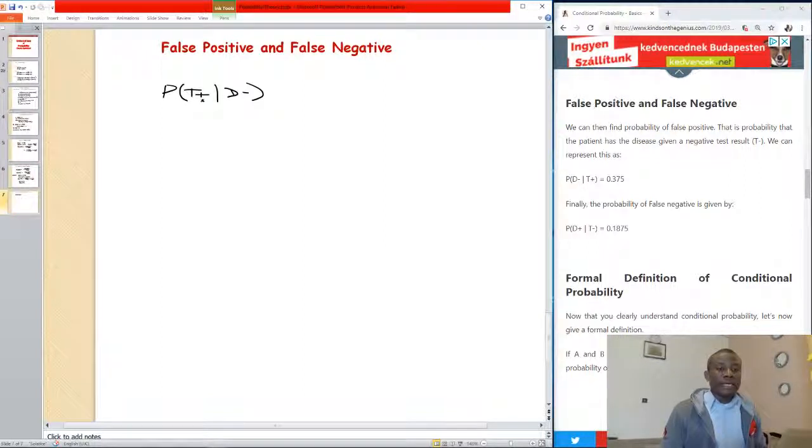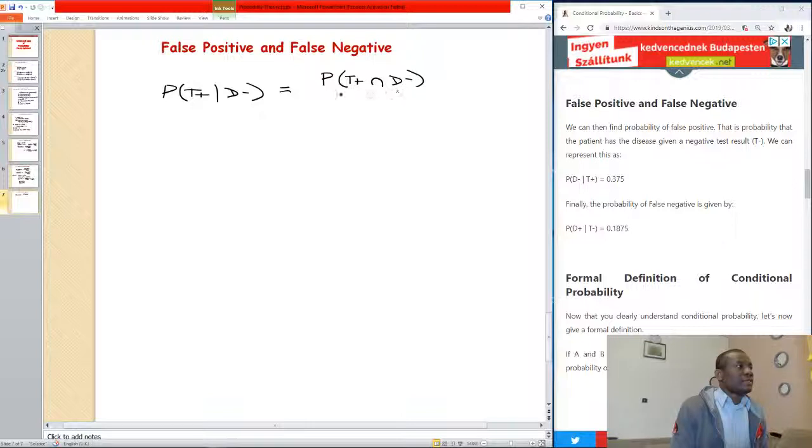Let's calculate it and make sure that this probability is very, very low, and it should be very low. Can you set up the formula? So it goes this way. It is the probability of T plus and D minus divided by the unconditional probability of D minus.